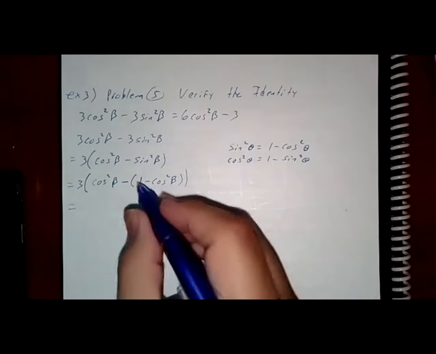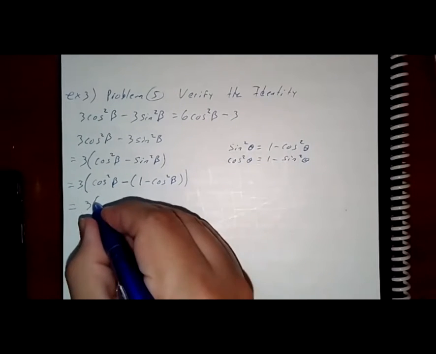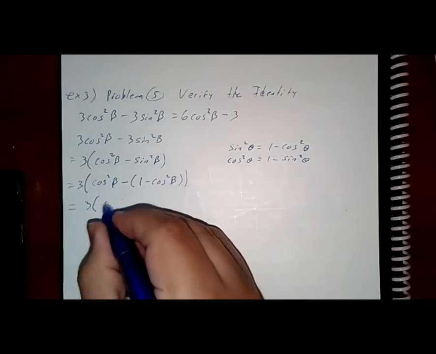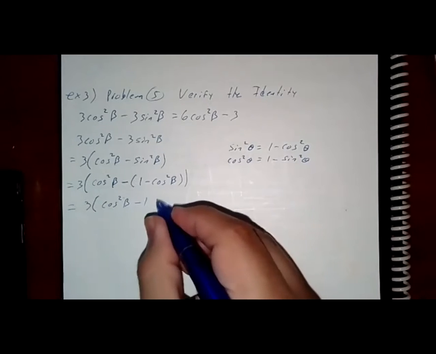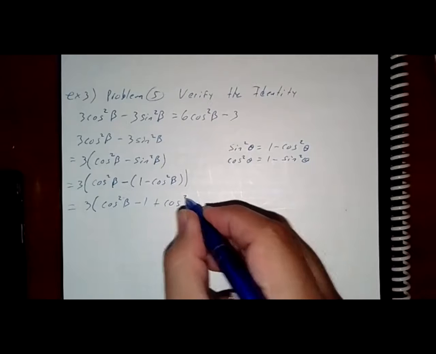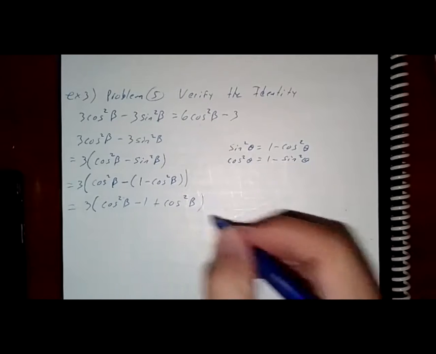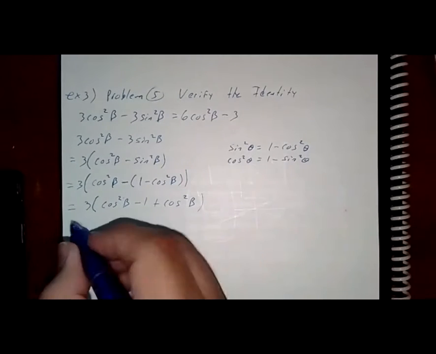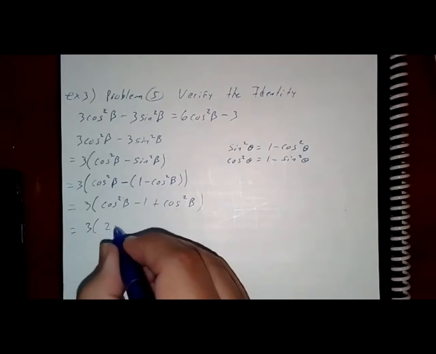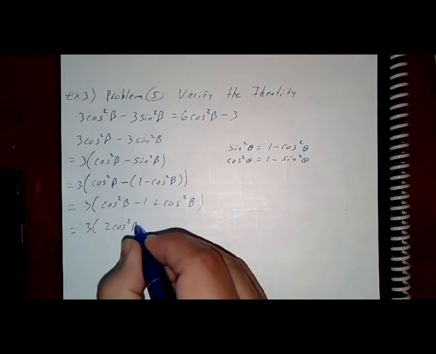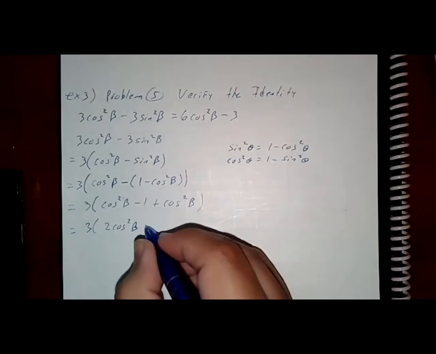Okay, so now distribute the negative, and we get cosine squared beta minus 1 plus cosine squared beta. So that'll be 3 times 2 cosine squared beta minus 1.